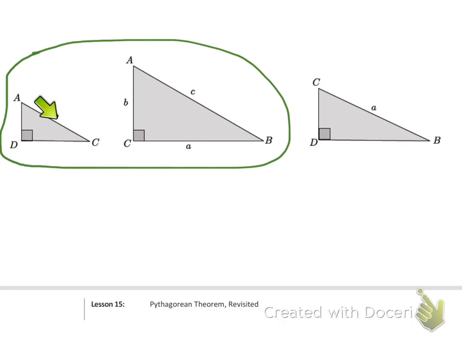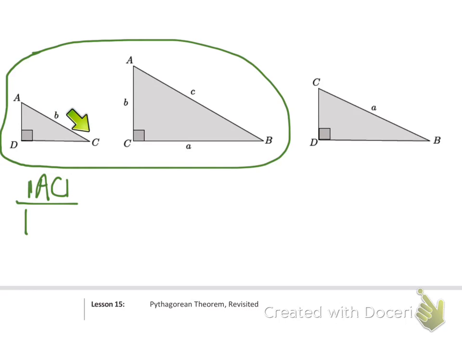So I'm going to use ADC and ABC first, or ACB, and talk about some corresponding ratios. Now, both of these triangles have the length B in them, so my ratios are going to focus on that length B. So I know that length AC corresponds to length on the small triangle.